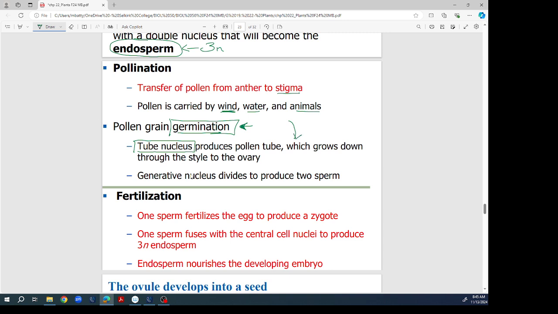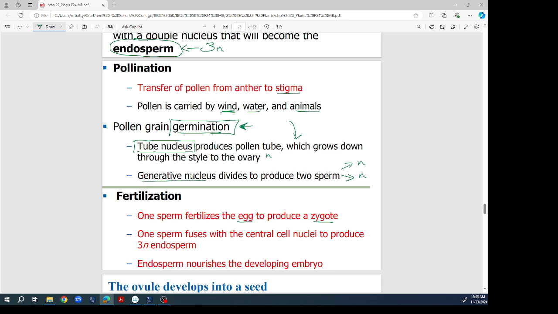And then it's also going to have a generative nucleus that divides to make two sperm. And so again, with these ones, they would all be haploid. And so here we've got, if you can keep track on this, three different haploid nuclei going on here. So one sperm is going to fertilize the egg and make the zygote.